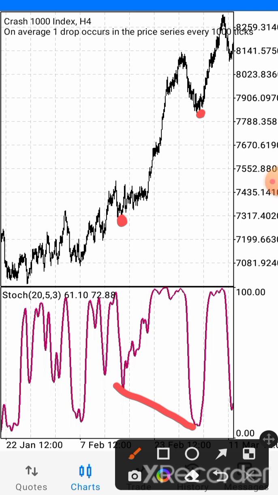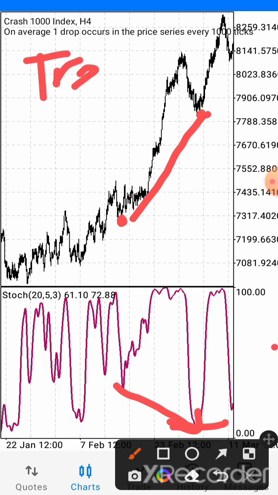What do you see right here? While the stochastic was giving us a downwards movement here, when it got to this point, price was giving us another movement up here. This is what I call the trend continuation divergence.